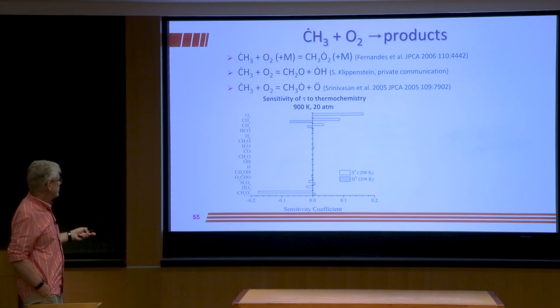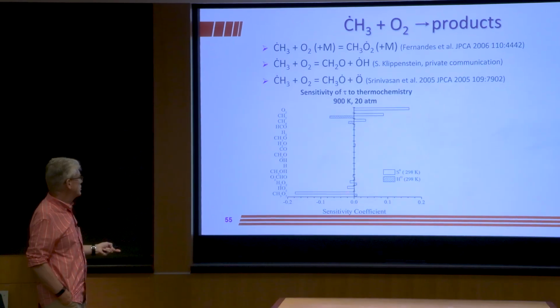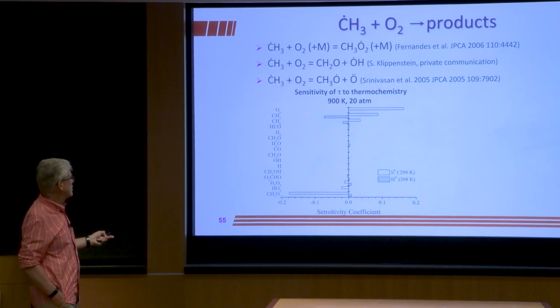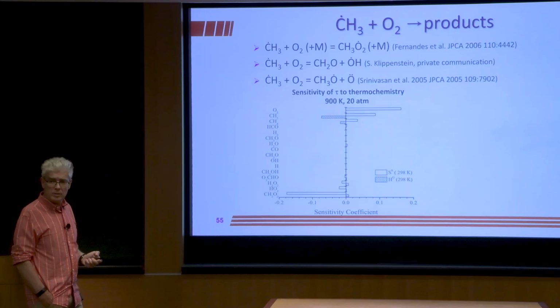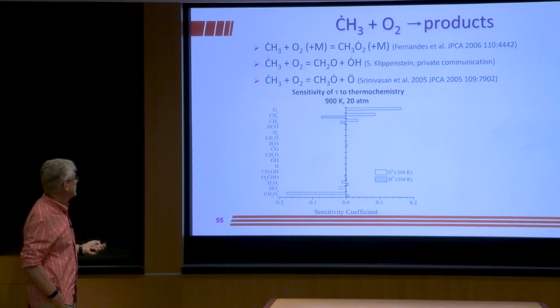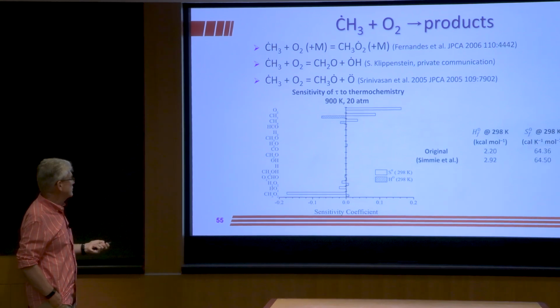But here we look at sensitivity to kinetics, and we see that there's high sensitivity to the entropy of CH3O2. There's some sensitivity also to the entropy of O2 and methyl, but they're fairly well known. So if we look at methyl plus O2 giving methyl peroxy, the only species that's less well known is CH3O2.